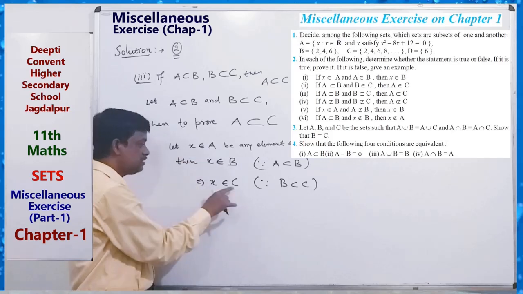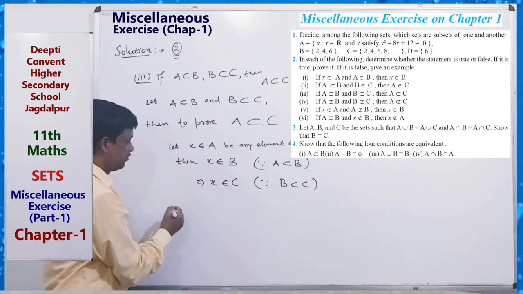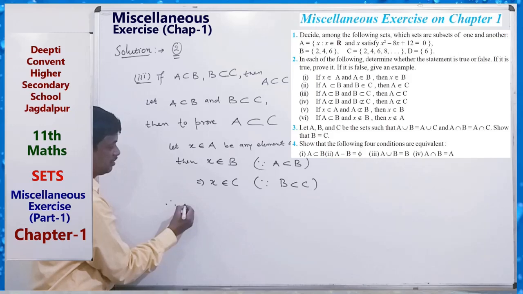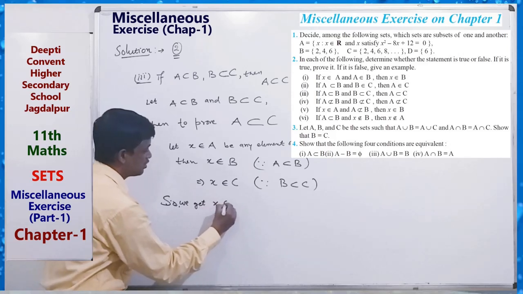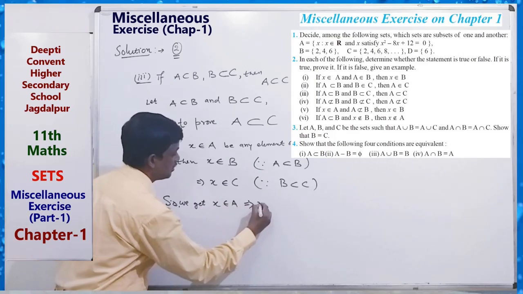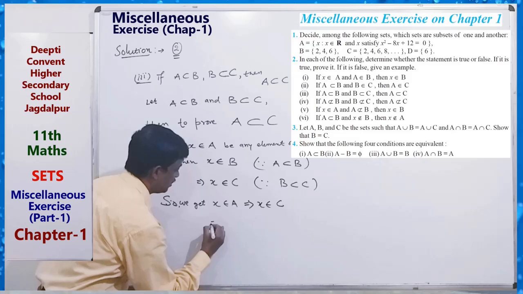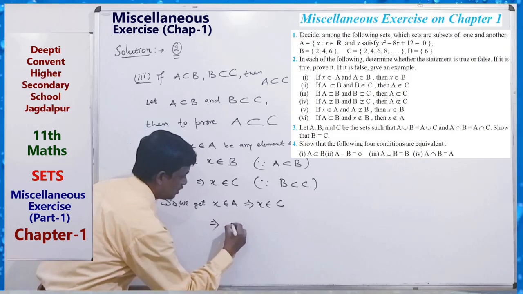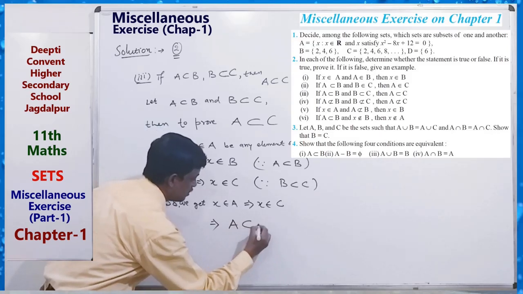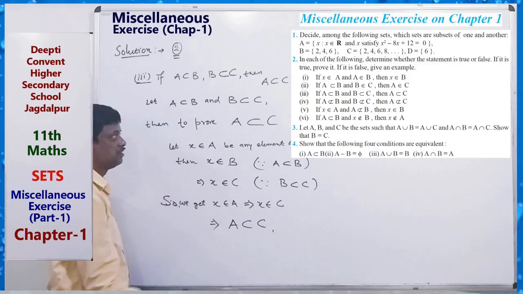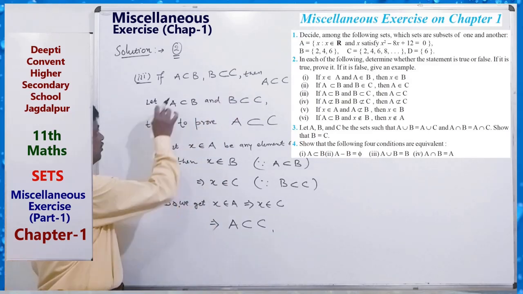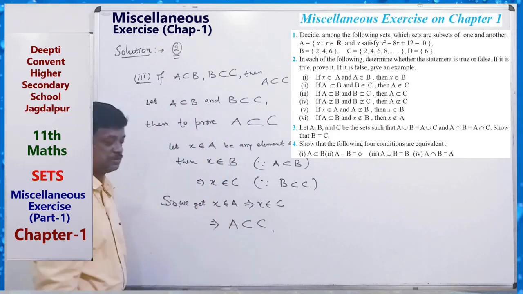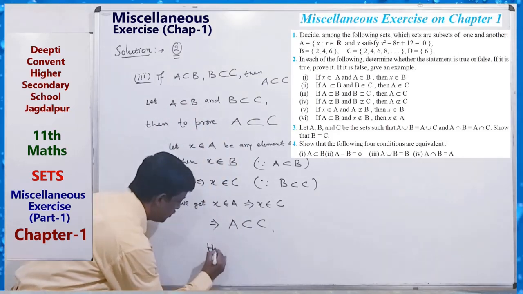X belongs to A implies X belongs to C, which implies A subset C by definition of subset. So hence proved.